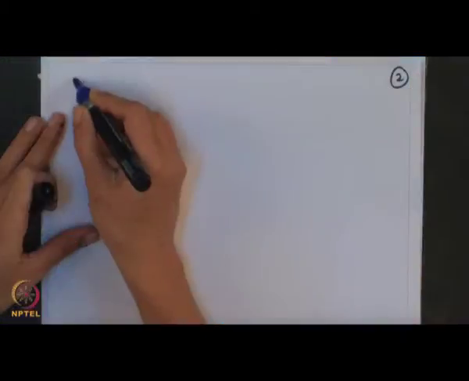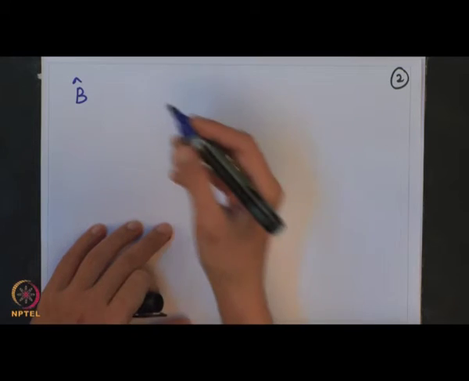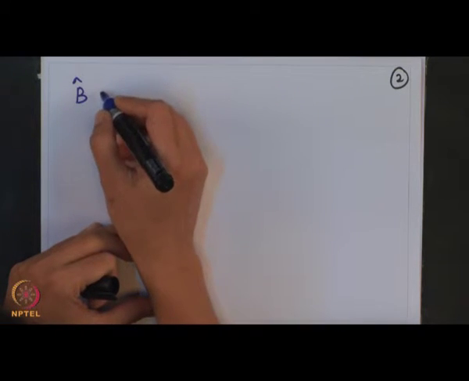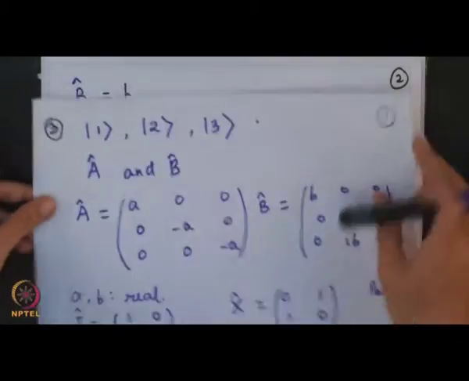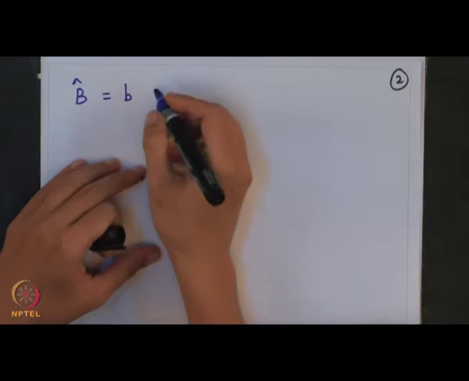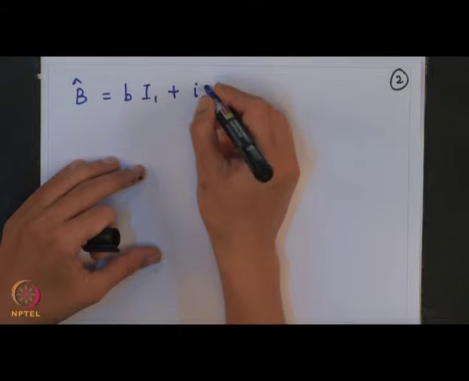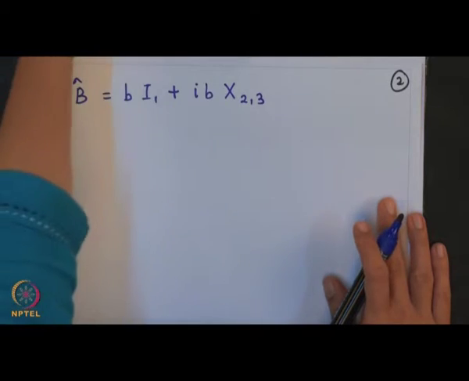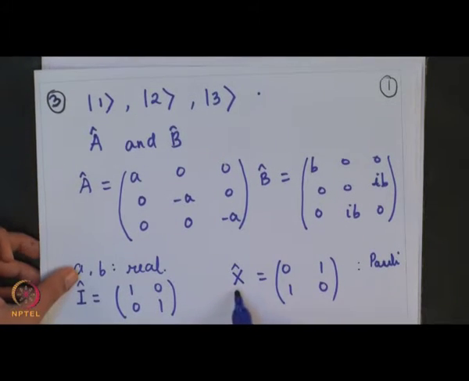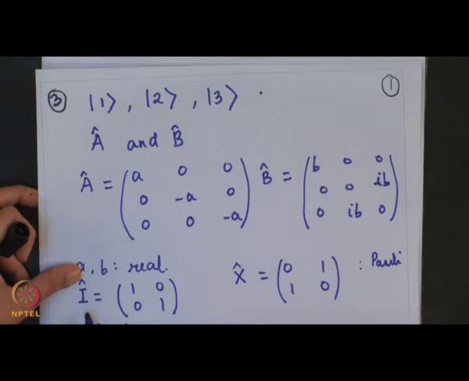Operator B can be rewritten as B times I on kets 1 plus iB times x on kets 2, 3. So this was the operator x, 0 1, 1 0, and this is the identity operator I, which is 1 0, 0 1.